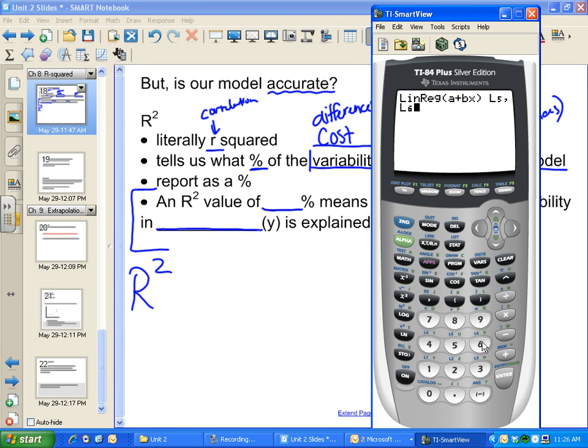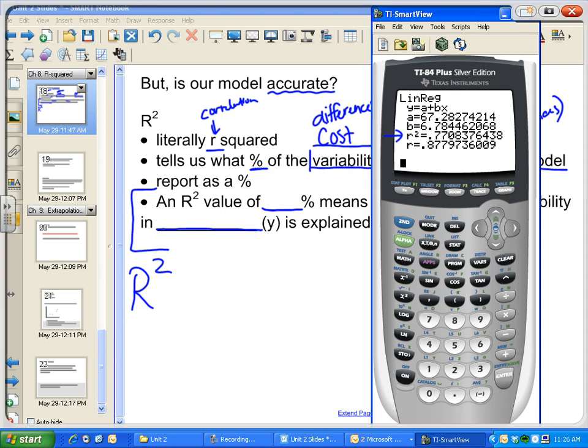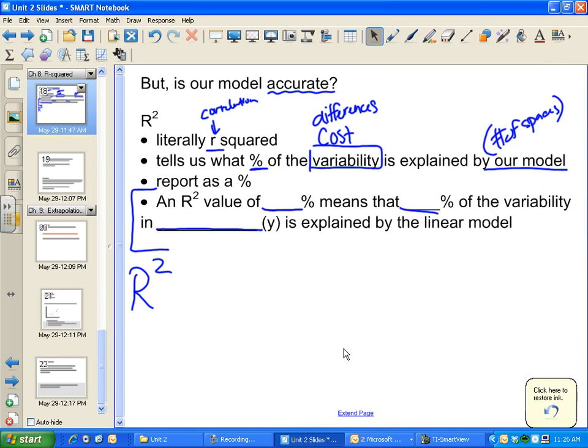So I have L5, which is my number of spaces, comma L6, which is the cost. And check it out, right on this screen, you'll see an R-squared. So it looks like in this situation, our R-squared is 0.77. I'm going to change that to a percent, so that's 77%.